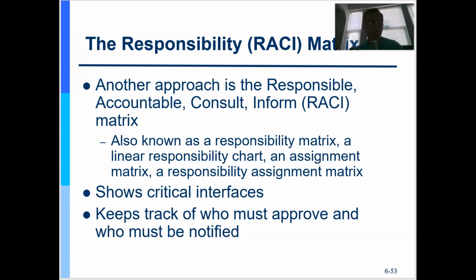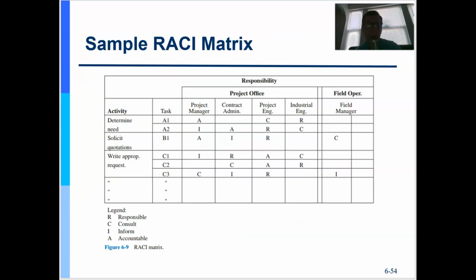Remember back to that stakeholder management that we did in Chapter 5, right, with that power and interest grid? So who do I inform? So it's going to show critical interfaces and identify who must approve.